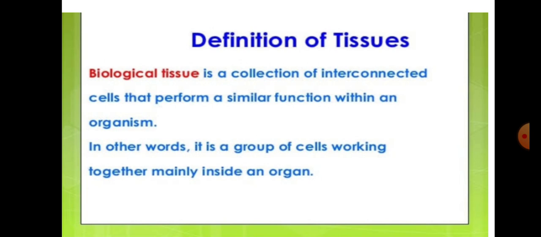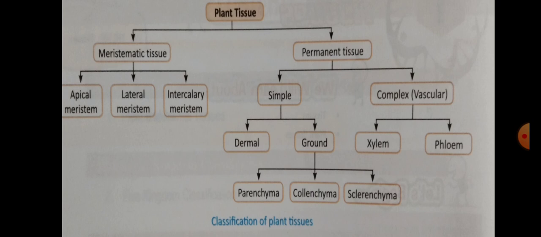So there is plant tissue and animal tissue. First of all we'll go with the plant tissue. Here in the table you can see the classification of plant tissue. Plant tissue is divided into meristematic tissue and permanent tissue. Further, meristematic tissue is classified into apical meristem, lateral meristem and intercalary meristem.